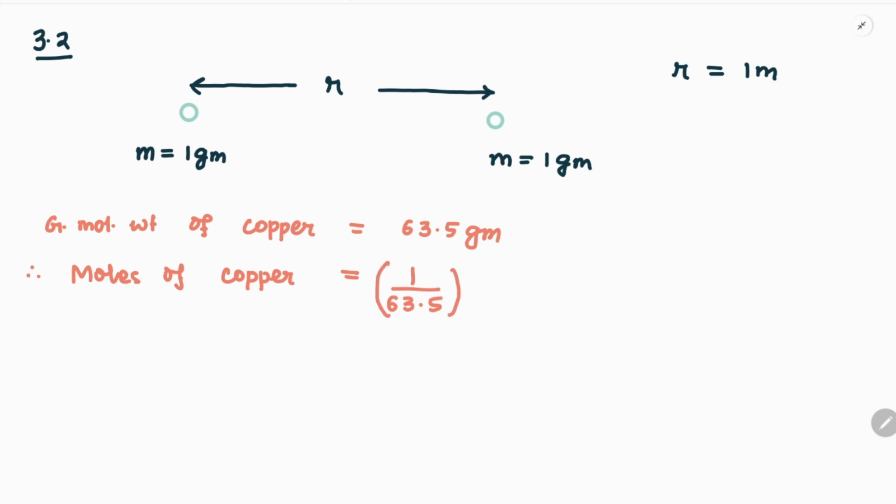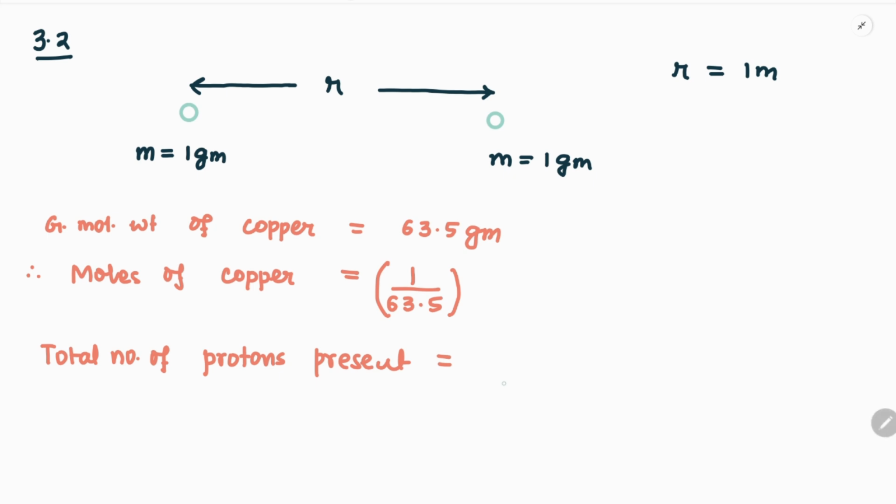So this is the moles of copper. Now the total number of protons present in it will give us the value of nuclei charge.